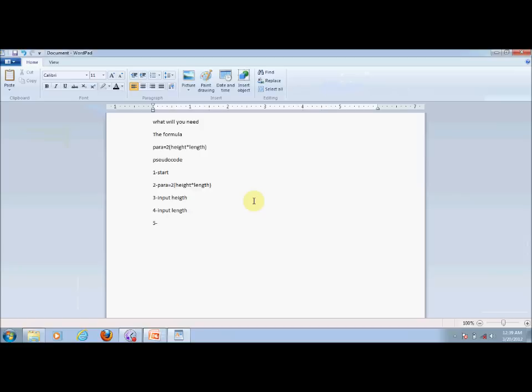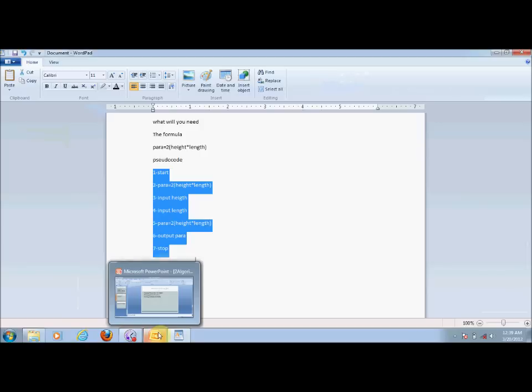Okay, and you can again write the formula here. So now the perimeter has been computed actually, because from the start till this step the values of height and length are unknown, and from this step the values of height and length are known, so the perimeter is calculated, and then finally output the perimeter, and the last step is always stop. Okay, this is the pseudocode for calculating the perimeter of a rectangle.